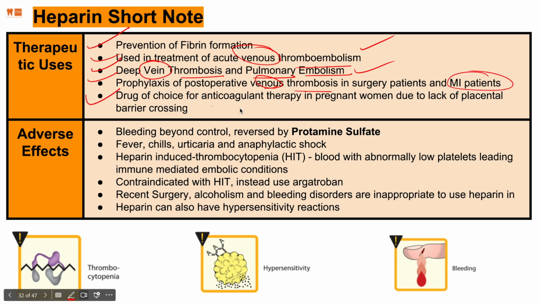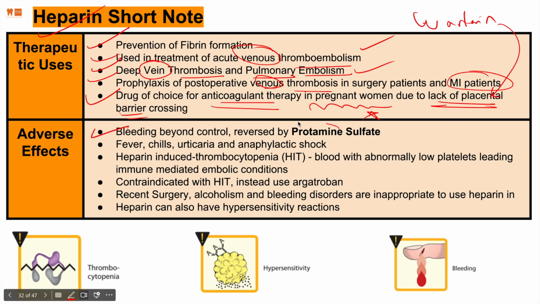Drug of choice, anticoagulant therapy in pregnant women, something to note down because it does not cross the placenta. Warfarin crosses the placenta. So if the patient is pregnant and you have to give anticoagulant therapy, heparin is your go-to, not warfarin.